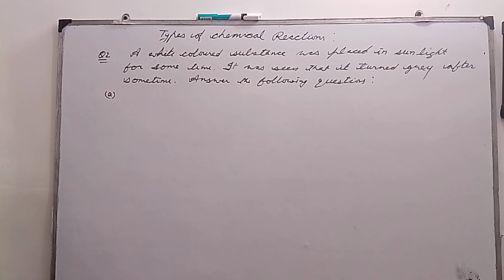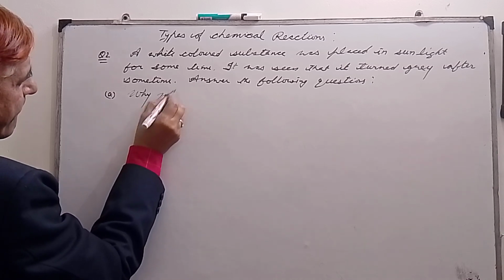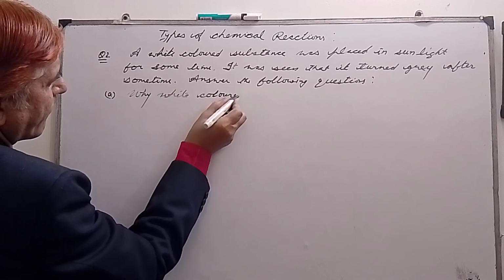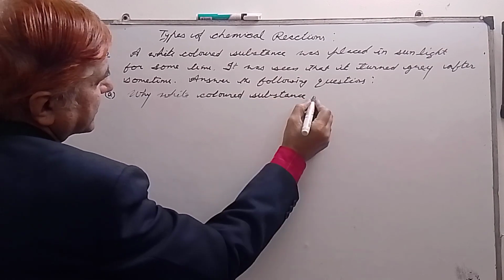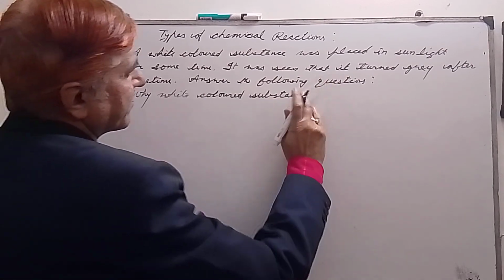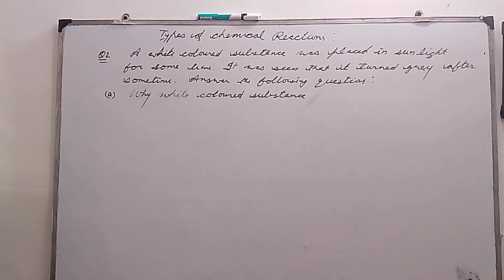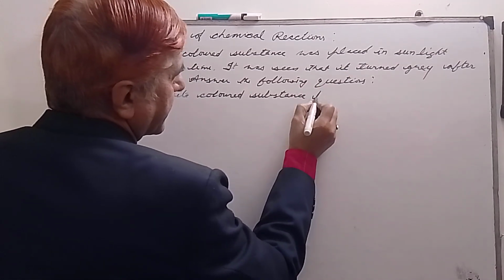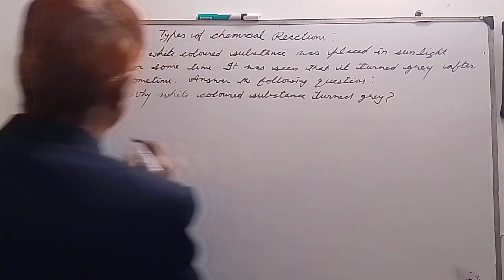A is, why did the white colored substance turn grey?